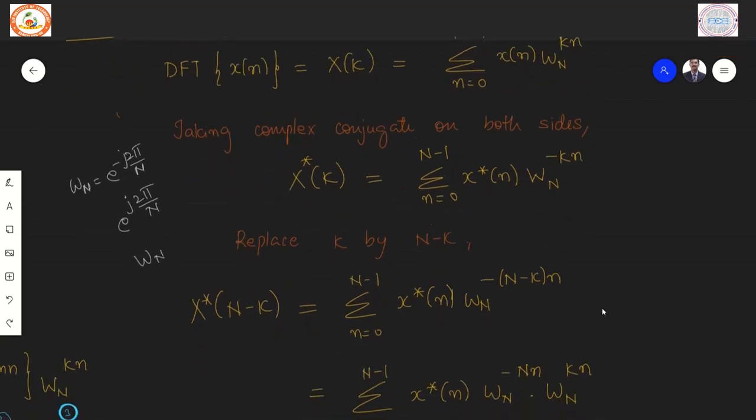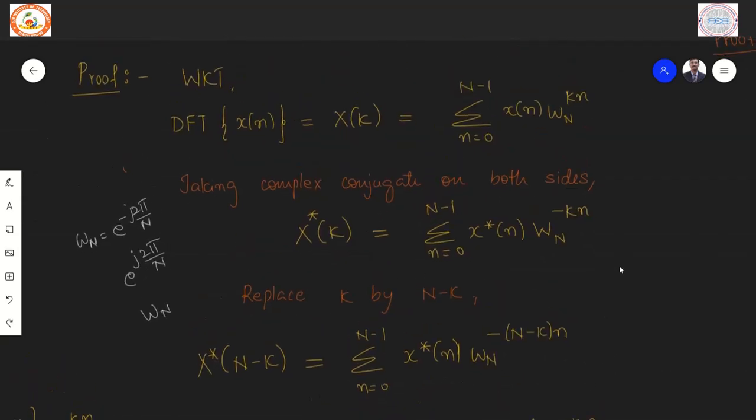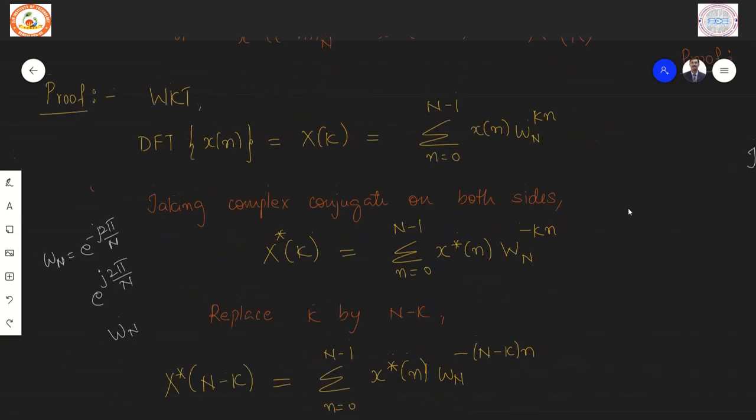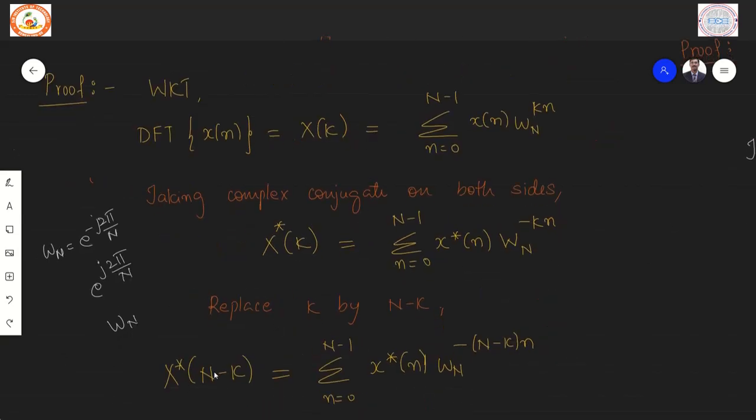So what do we notice here? Since we wanted to prove that the DFT of x conjugate of n is x conjugate of n minus k, we wanted to introduce this particular term. This is possible by replacing k with n minus k.